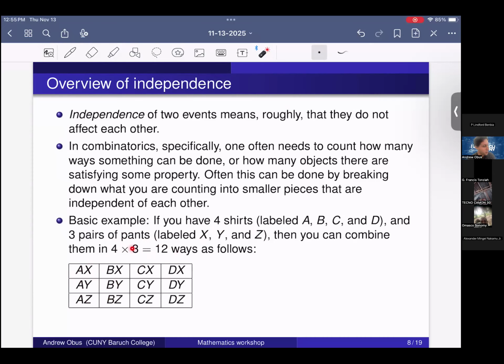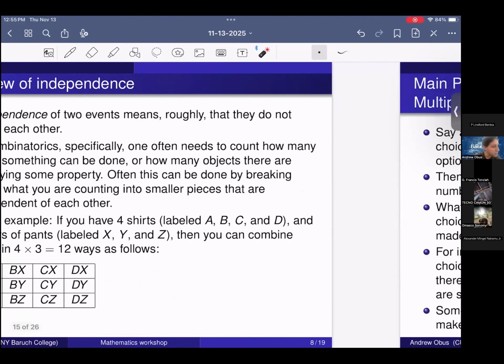Just from this picture right here, it's very clear that if you have two choices to make, and you make one choice one way and you make the other choice another way, then the total number of ways that you can make both choices is going to be the product of the number of ways to make the first choice and the number of ways to make the second choice.